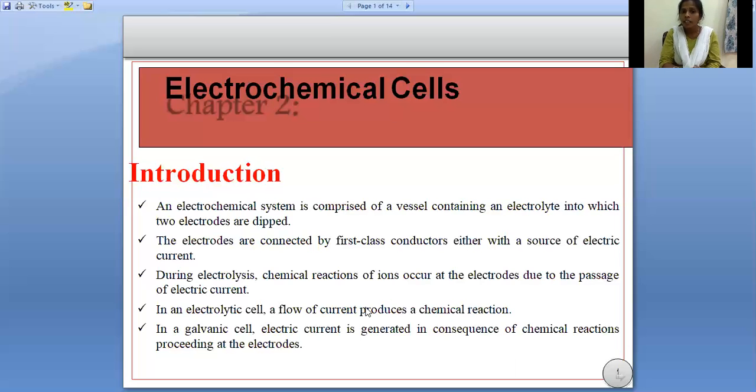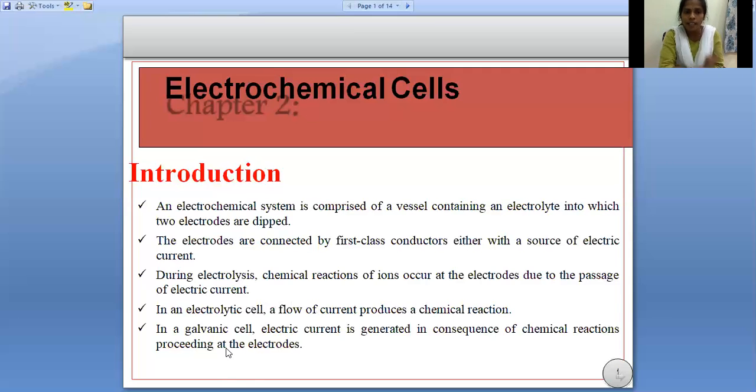That means electrical energy converts to chemical energy. Current is nothing but electrical energy. Chemical reaction is nothing but chemical energy. So here in the electrolytic cell, electrical energy converts to chemical energy.